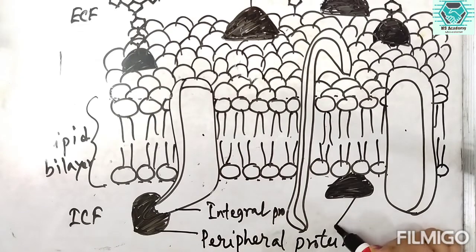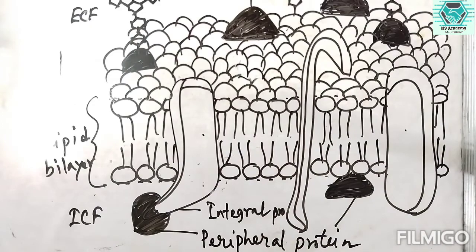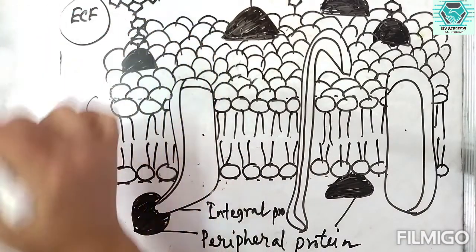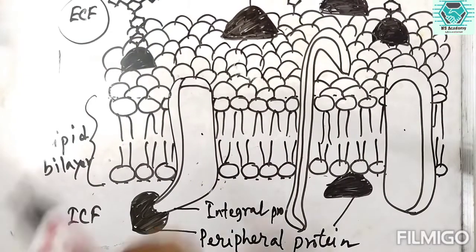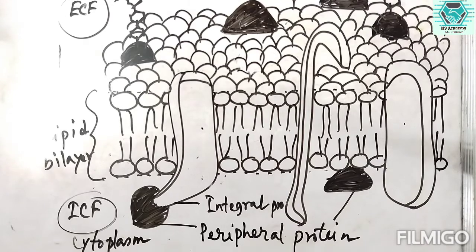This is also a peripheral protein. These are also peripheral proteins, which are present either facing the ECF or facing the ICF. The ICF is the cytoplasm. So this is the actual view.